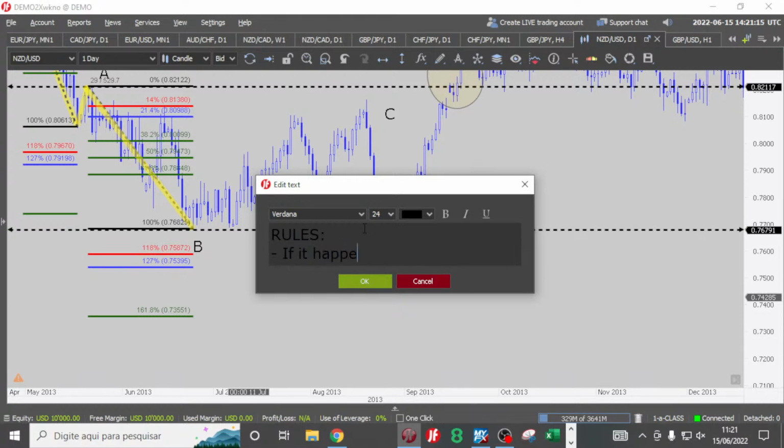If it happens that the market breaks our Fibonacci, we must, not we should, not we could, we must reverse our Fibonacci and go the other way.